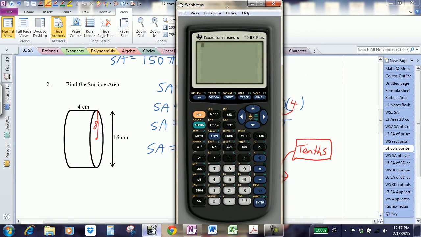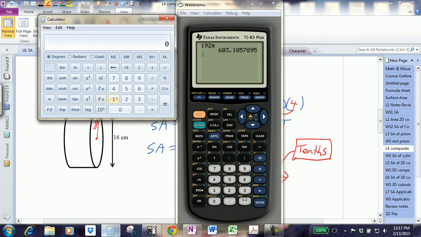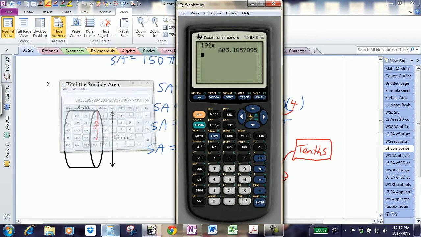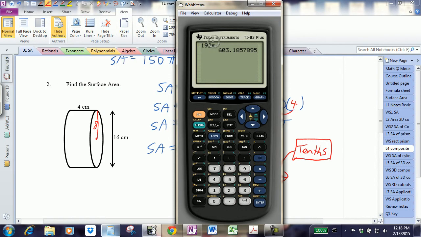There we go. On the new calculators, I can even enter 192 pi, and the calculator is so smart, it does the multiplication for me. Not all calculators can do that. Most of them, like my other calculator here, I have to go 192 times pi. Why don't you try it on your calculator to see if yours doesn't need the multiplication sign pressed.